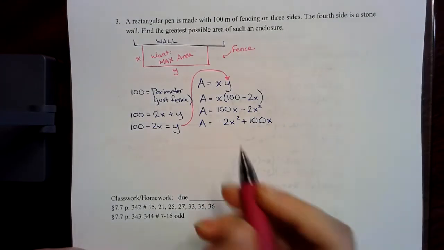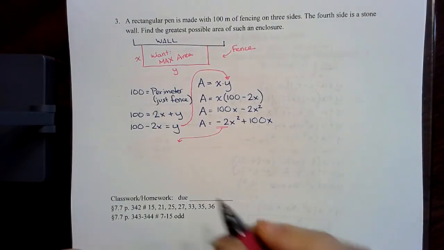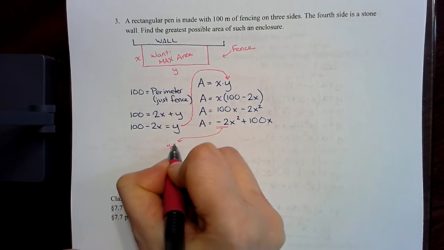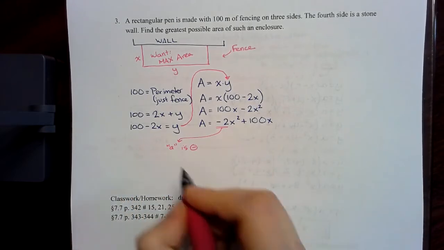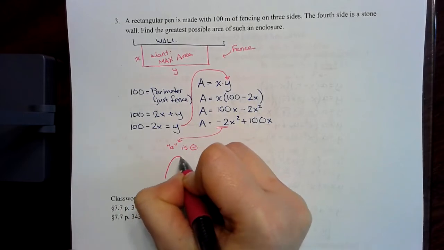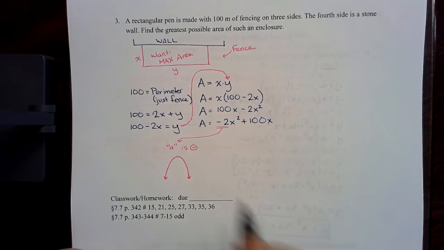So what is this telling me? Let's look at this -2. Because my a value is negative, that means that this parabola is going to be pointing down.